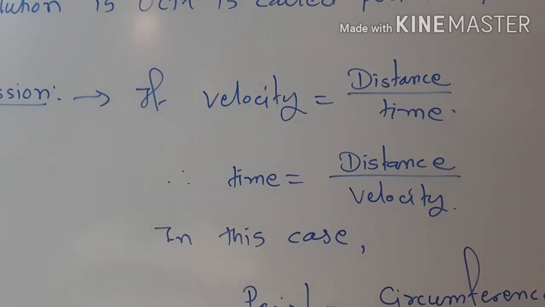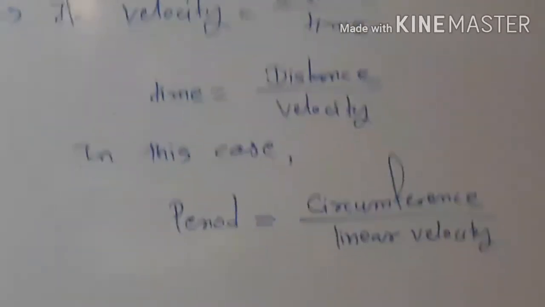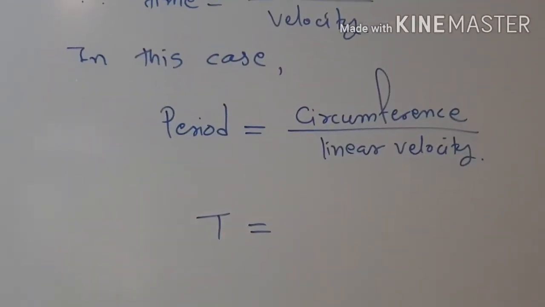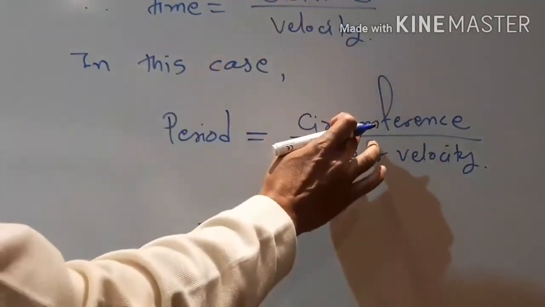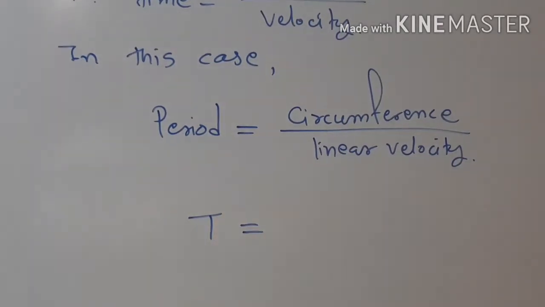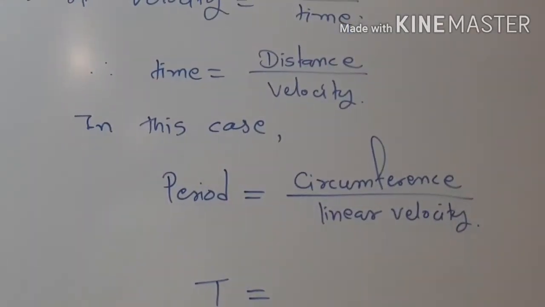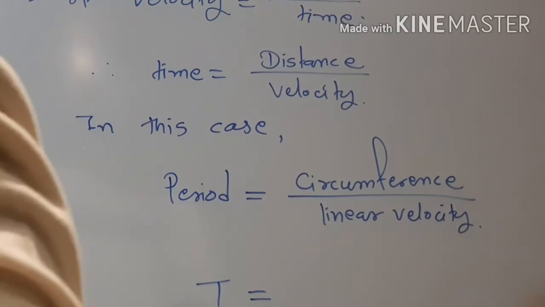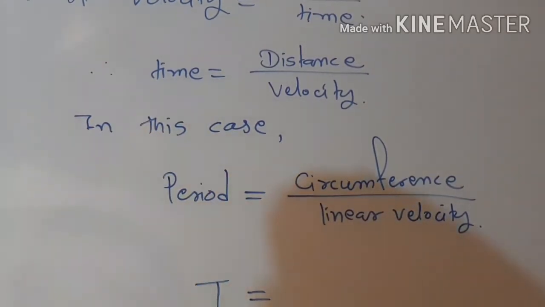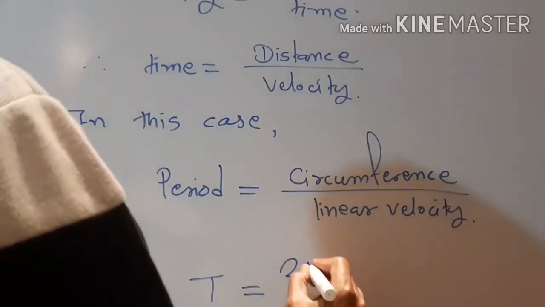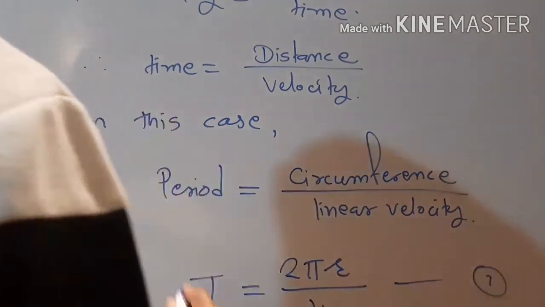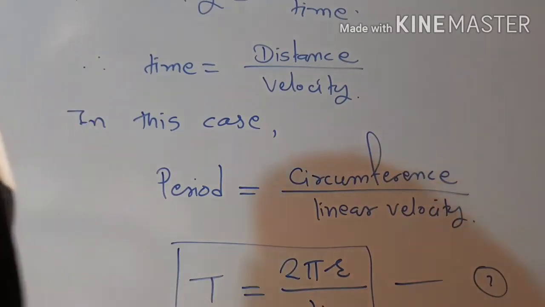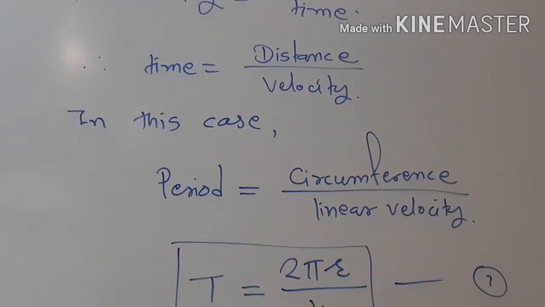And so the formula for period becomes T is equal to 2 pi r divided by v. This is the first important formula for the period.